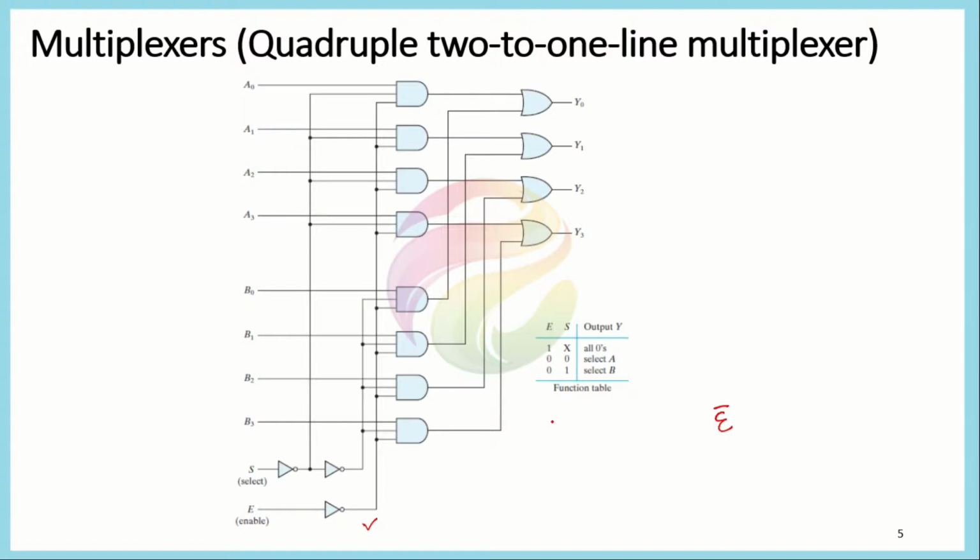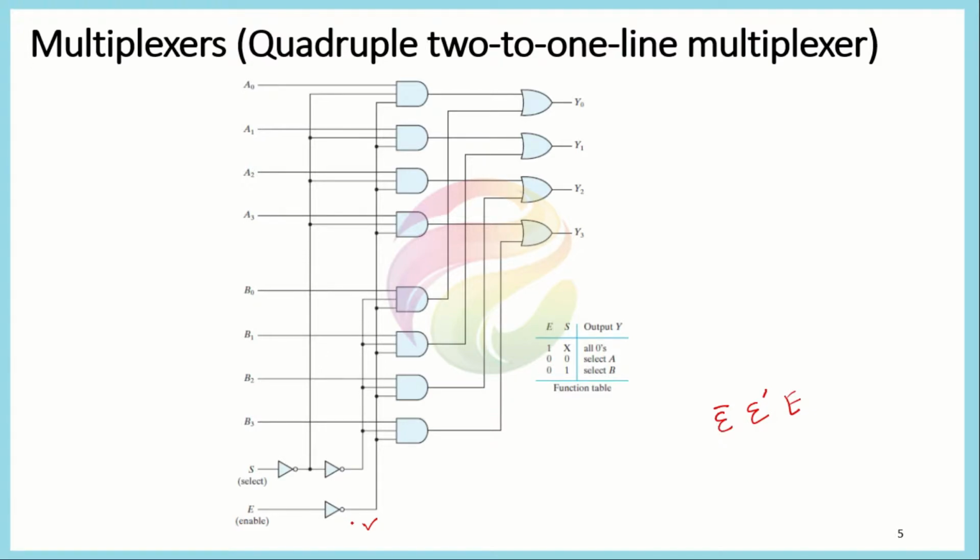When our circuit operates correctly on E equal to 0, then that means it is an active low circuit. It could be represented as E bar, E dash, or simply E, but we then have to check the truth table for it. For example, in this case we are representing it just as a normal enable, but we can check from the truth table what its purpose is.